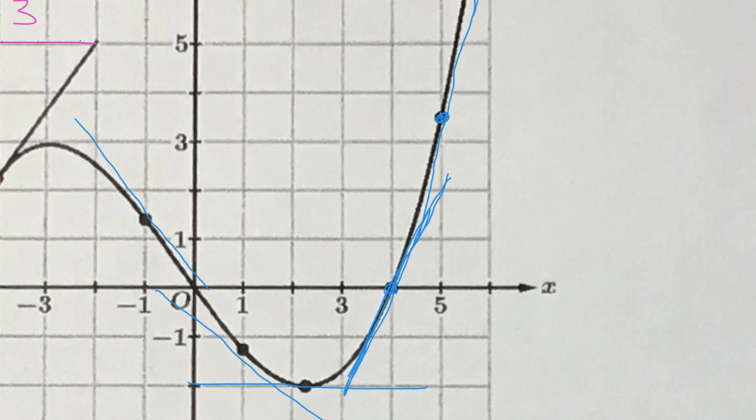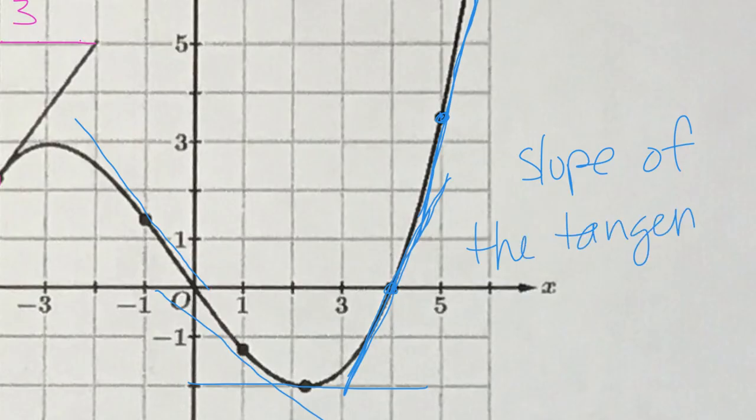Why would you say the rate is increasing faster at x equals 5? The slope of the tangent line is steeper. The steeper the tangent line, the faster it is increasing.